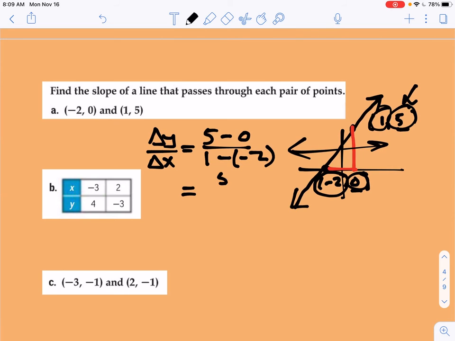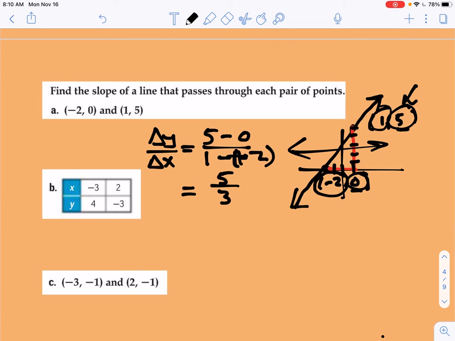You get 5 on your top. 1 minus a minus becomes 1 plus 2, which turns into 3. That means I have a vertical rise of 5 from left to right for every 3 that I go over. And that makes sense, because from negative 2 to 1, if I were to count it, it would be 1, 2, 3, and then my rise would be 1, 2, 3, 4, 5.